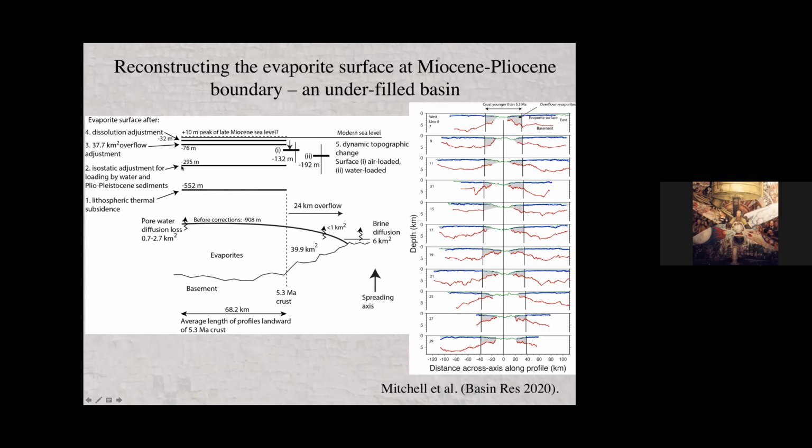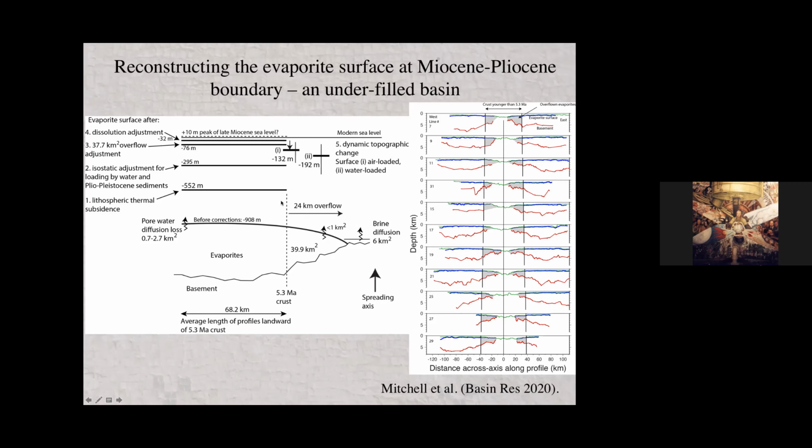Then the isostatic effect of the water overlying the evaporites and the overlying Pleistocene sediments, and the overflowage. As the evaporites have flown towards the axis, shown by this gray box polygon, that implies that the evaporite surface must have deflated or subsided to compensate for that. So basically some of this has gone into here.